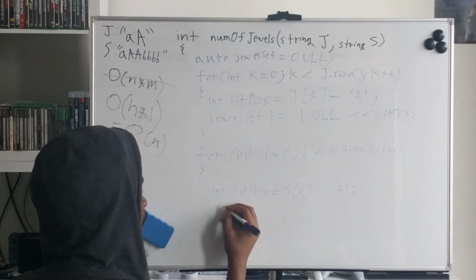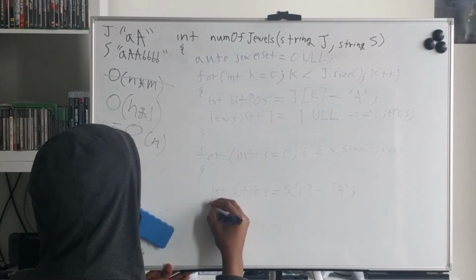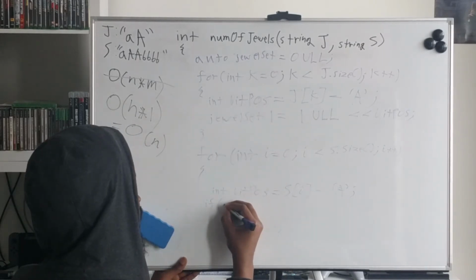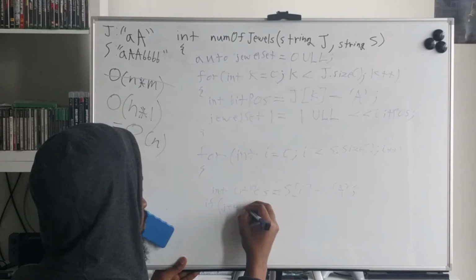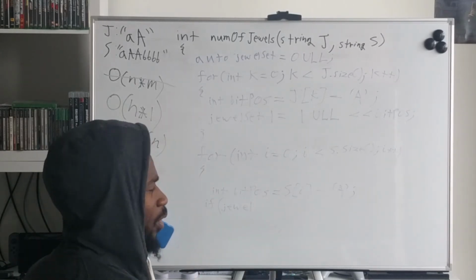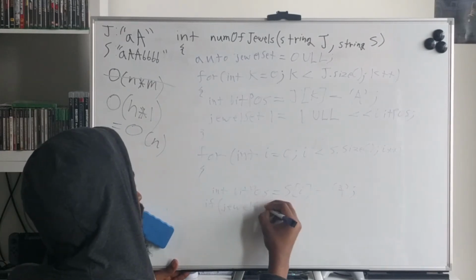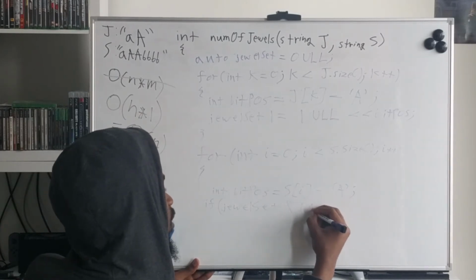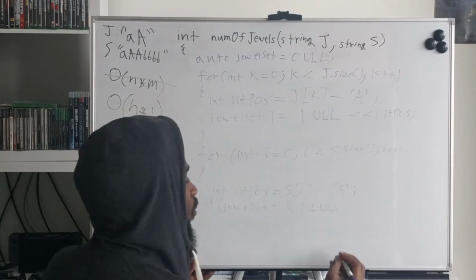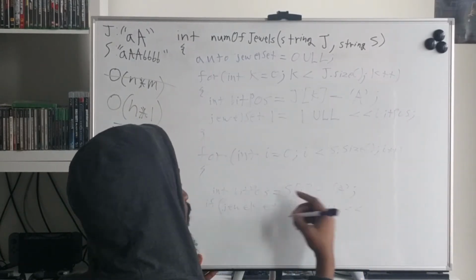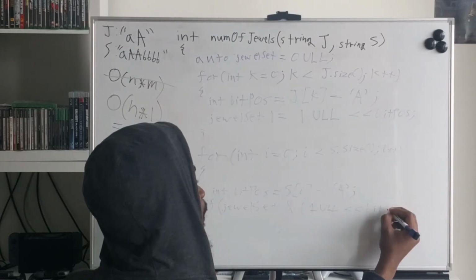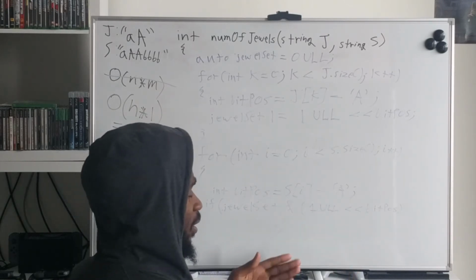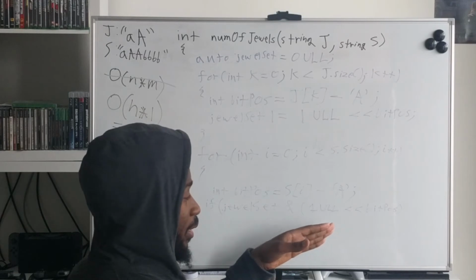And then we want to say if, and this is where it tests your knowledge of bitwise operations, if joule set, which is our number that represents our bit set, and this is the bitwise AND, not the relational AND, 1 unsigned long, once again shifted to the left by bitPos, meaning if the bit at that particular position is set to 1.